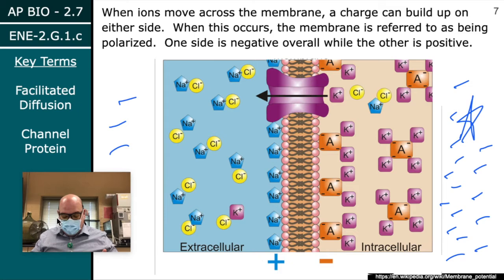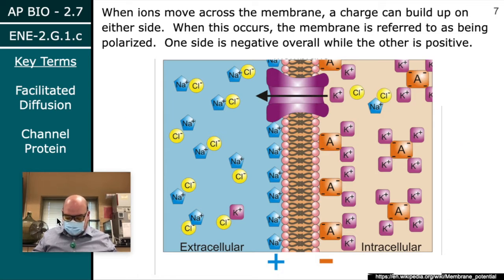Usually, the insides of cells are negative. So let's jot that down somewhere, okay? Inside of cells tends to be negative.